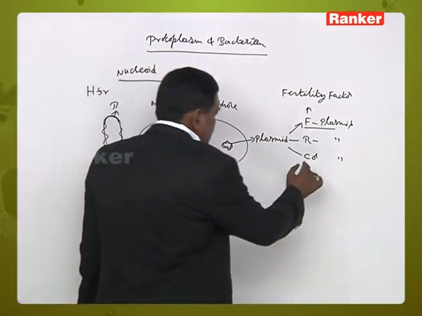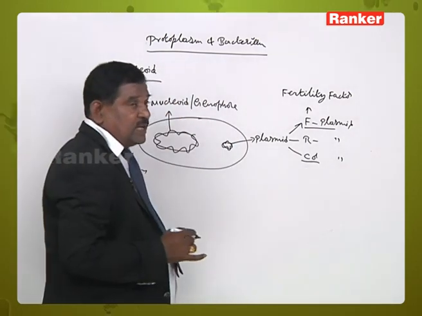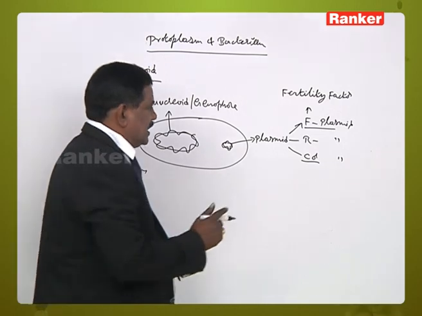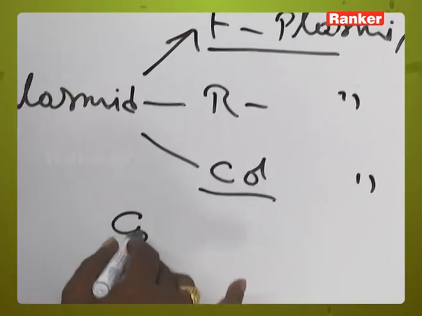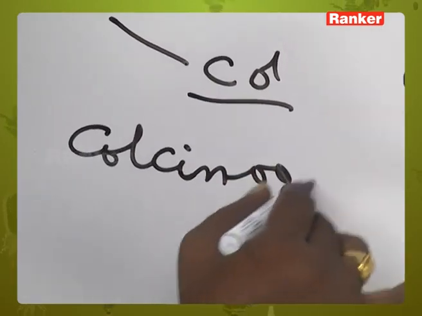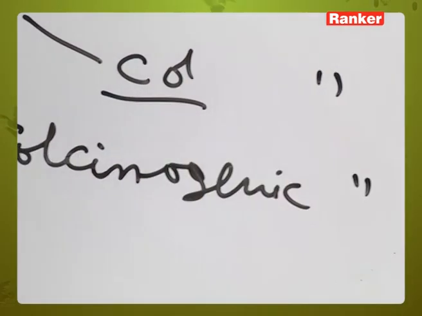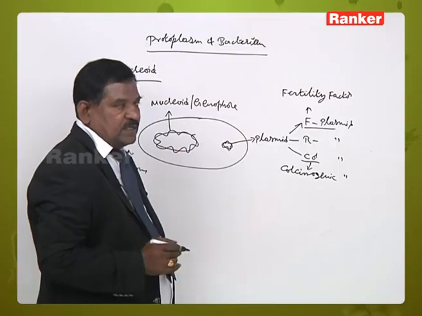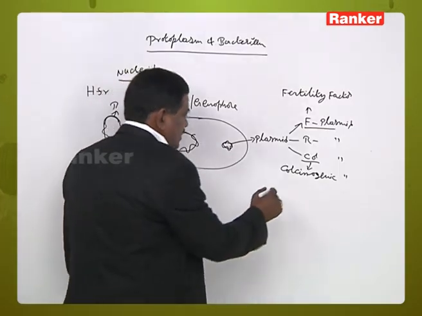Col plasmids are the plasmids that secrete toxic substances. Col plasmid means colicinogenic plasmids. They secrete toxins.